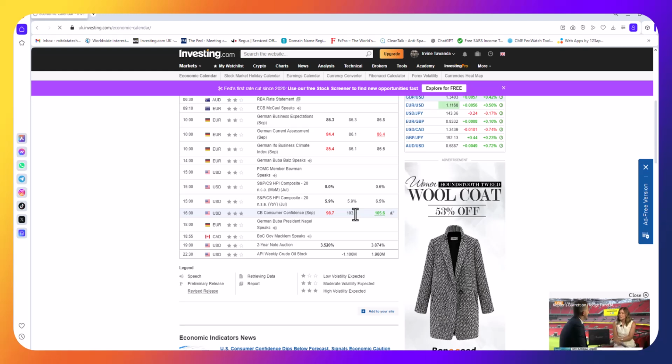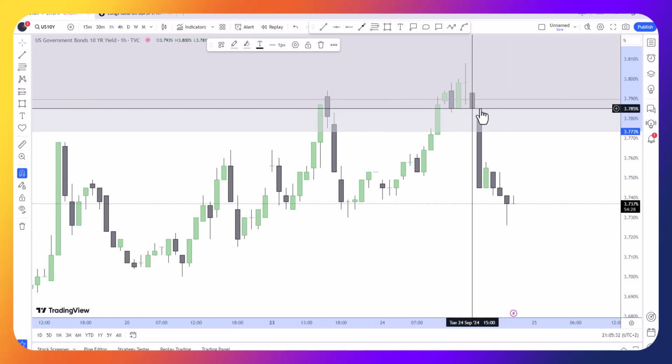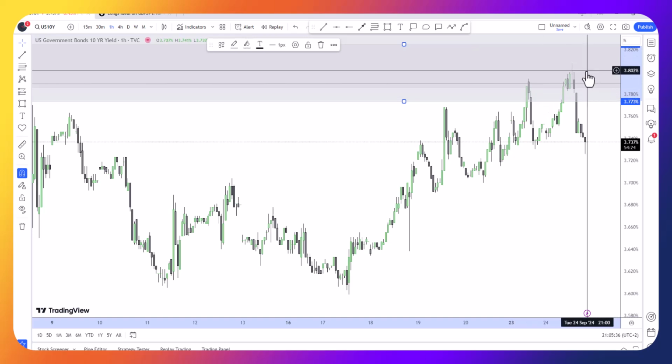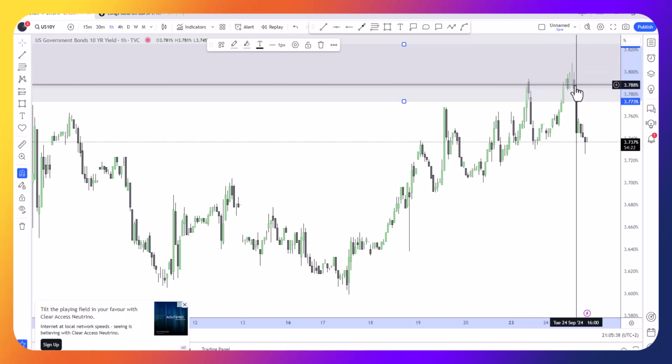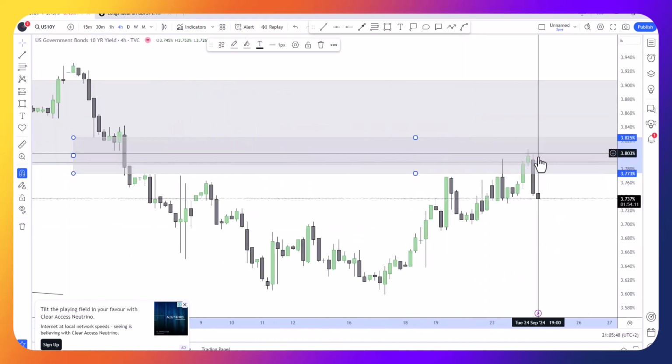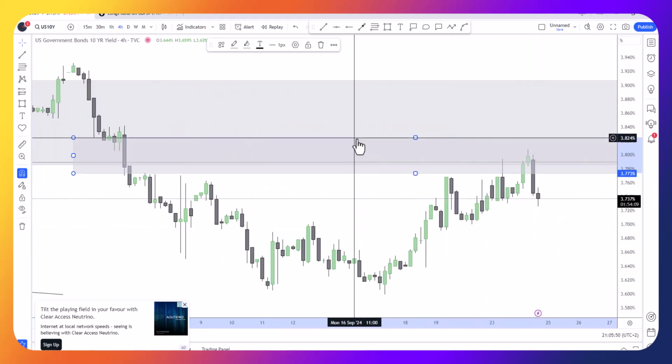Estimate was 103.9. It only came out at 98.7, right? And already understanding that we are in a premium level, that fundamental, whether it was forecasted for a higher number, you as a trader, you should have already been leaning more to shorting this asset, right?